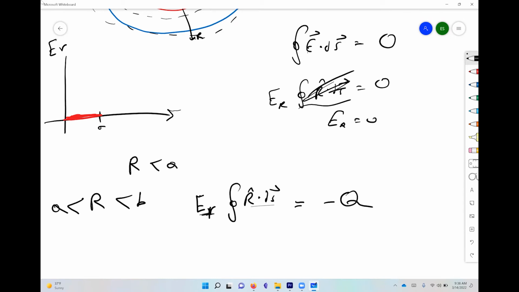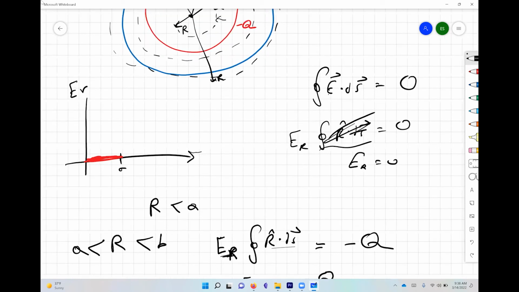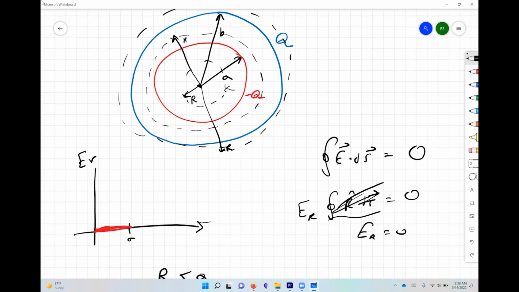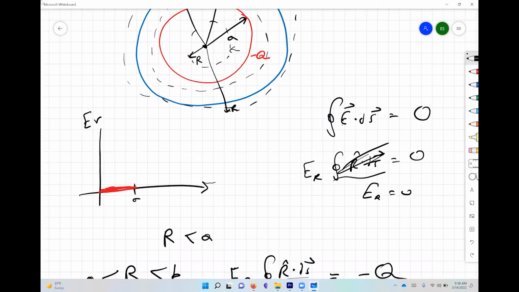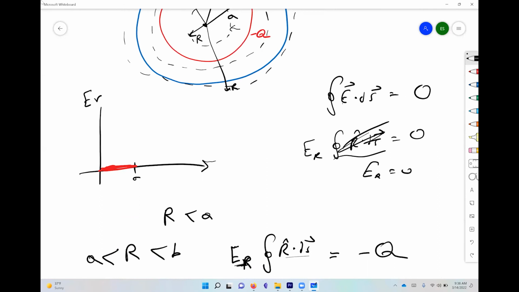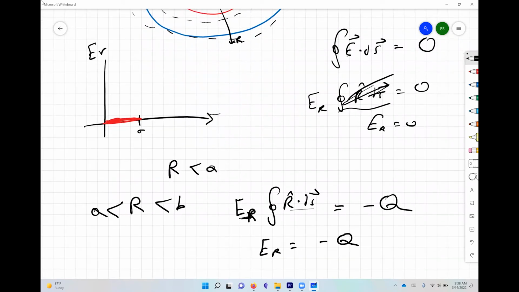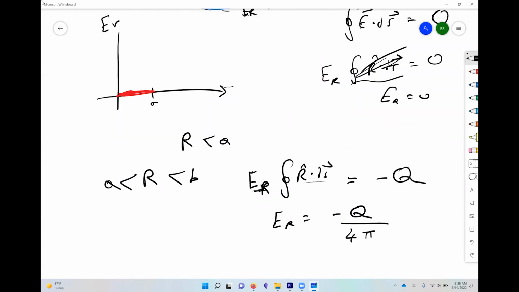So it's going to be E_r times 4 pi r squared equals minus Q over epsilon naught. I always forget the epsilon naught for some reason. Just take it to the other side.